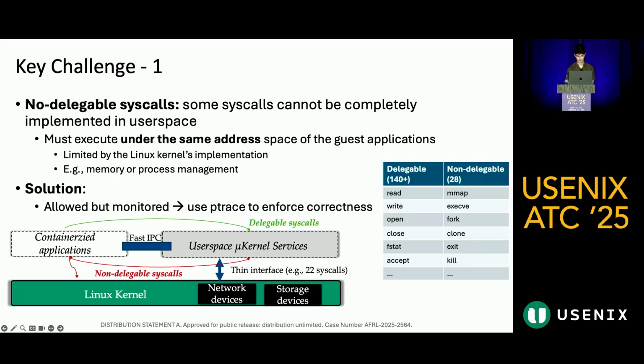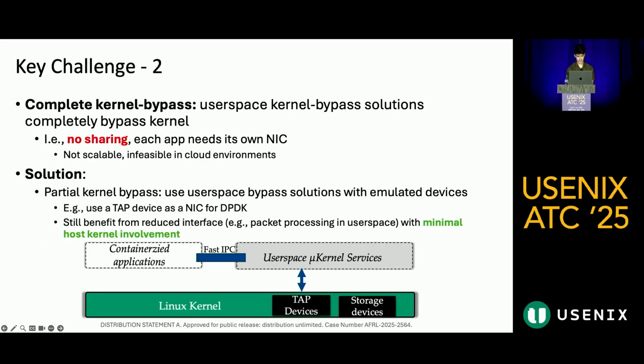Another major challenge we face is handling user space kernel bypass solutions, particularly for high-performance networking and storage scenarios. In a complete kernel bypass model, each user space application directly accesses a physical device, for example, a network card, entirely bypassing the host kernel.